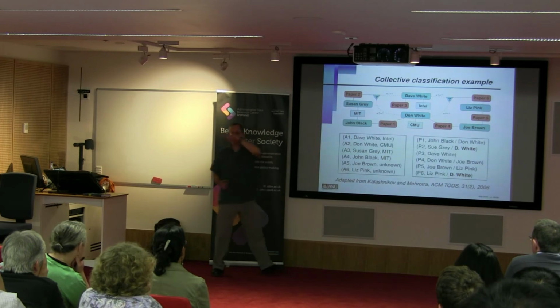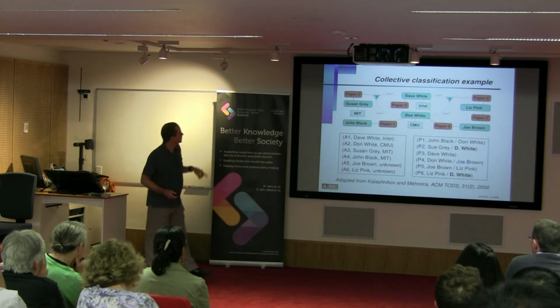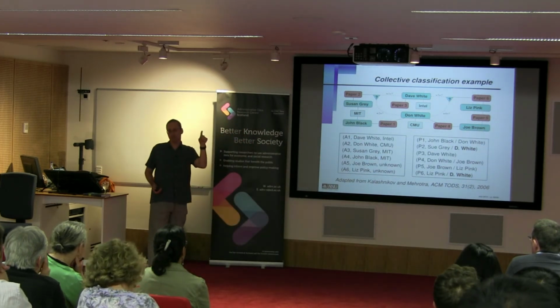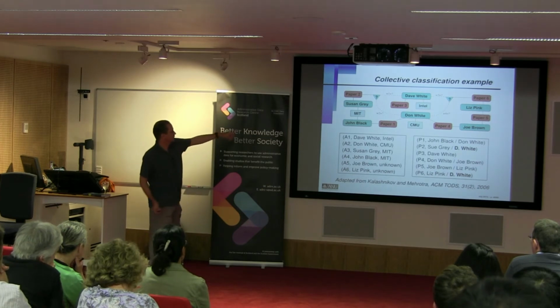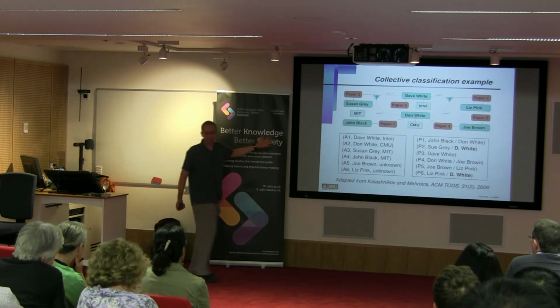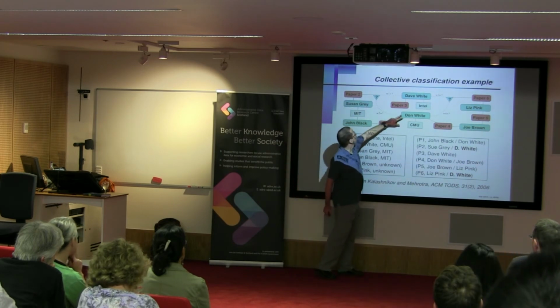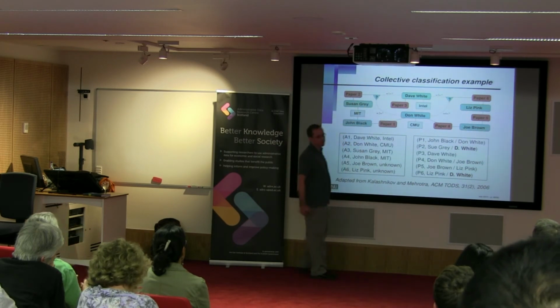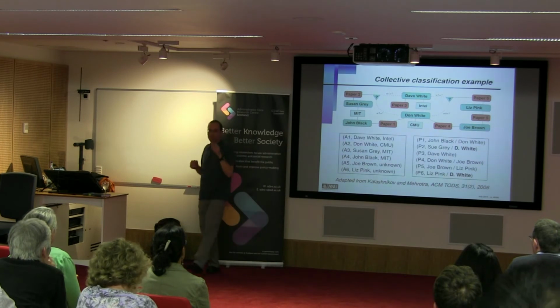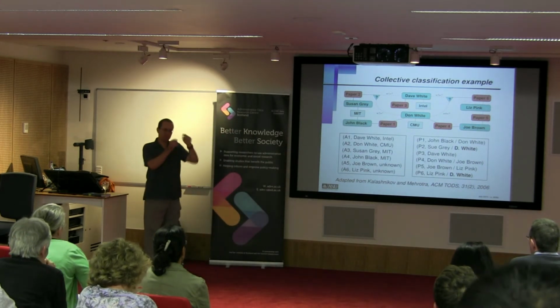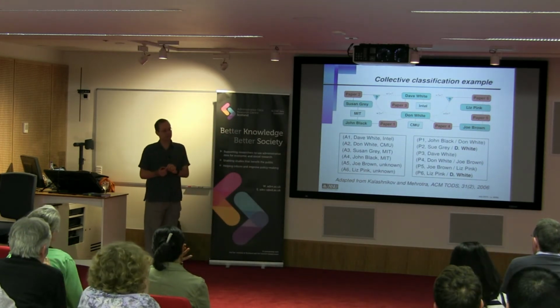It's a much longer connection from paper 2 to Dave, because Dave doesn't have any direct collaborations with MIT. So in this case, it's much more likely that Don is the author of paper 2, because that circle is much, much smaller. So that's taking the relational information into account.